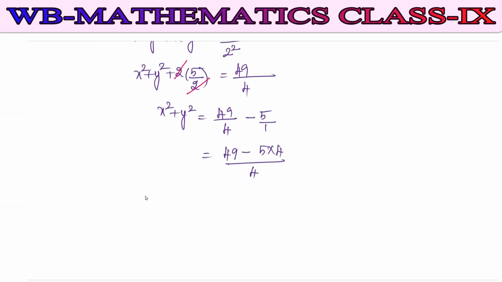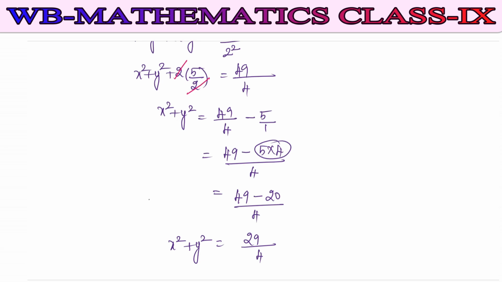So we are going to get 49 minus 4 5s are 20 divided by 4. So 49 minus 20 is 29 divided by 4. This is the value of x square plus y square.